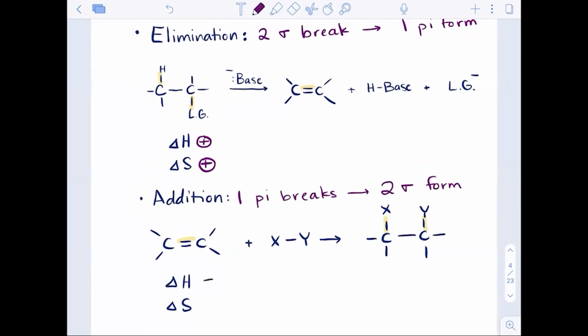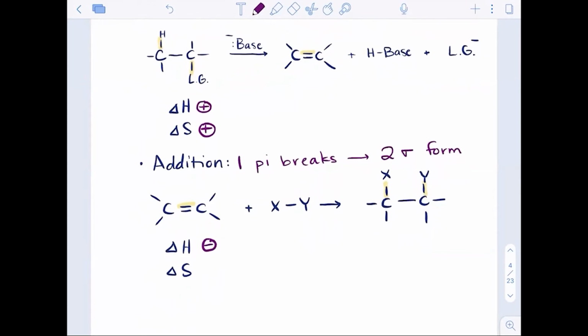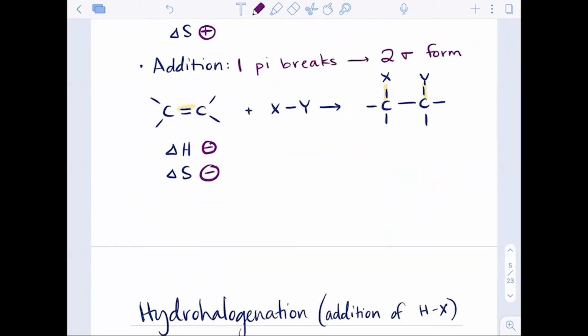Typically, these reactions are exothermic because of the addition of two new sigma bonds to our organic molecule. But again, we're bringing two molecules together to be more structured. And so we usually see a decrease of entropy with these. So you can think elimination is opposite of addition, right? But we'll see a variety of different types of addition, not just ones where we add an H and a specific leaving group. We will start with something that's very similar to what we've seen before, though.